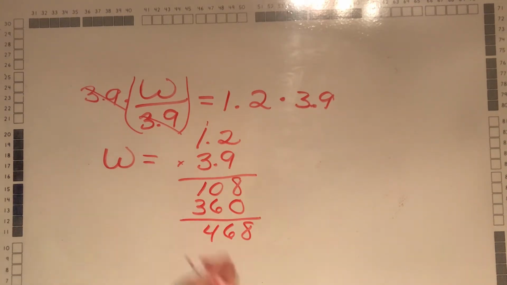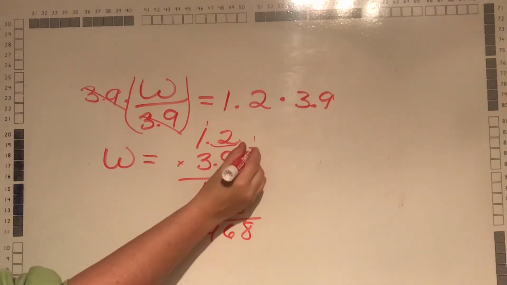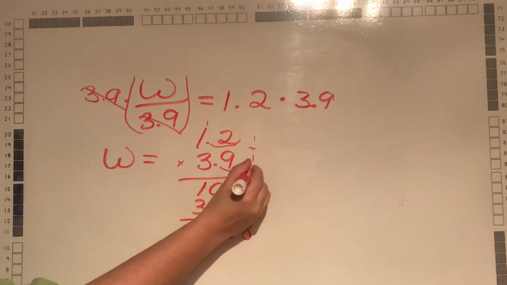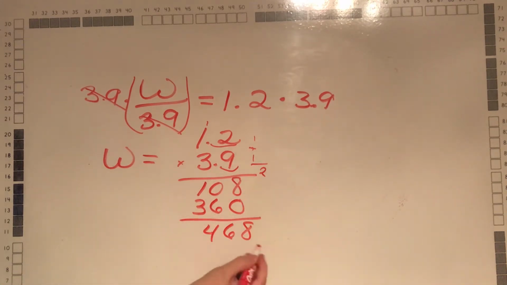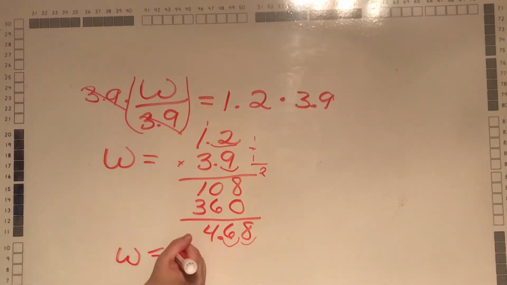Remember, when we're multiplying with decimals, we count the decimal places in the factors, and that's how many decimal places we have to have in our answer. So there's 1 plus 1, so 2 decimal places in our answer, so 1, 2, and we can write down here, w equals 4.68.